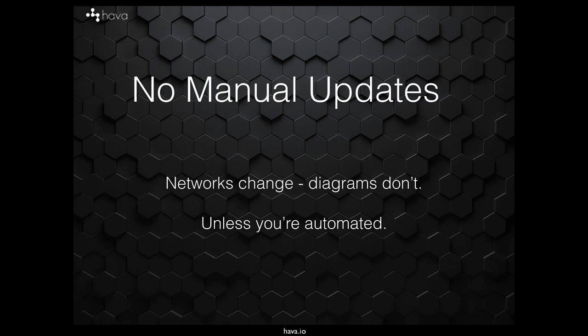I covered that before. No manual updates. Hava polls your cloud config every 60 minutes or so. So if you're doing a whole raft of changes and you want to immediately see what's going on, you can also manually sync the cloud configuration or cloud accounts, and then pull a new network diagram immediately.